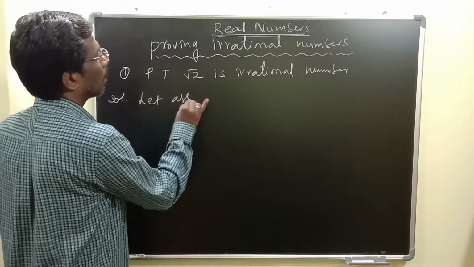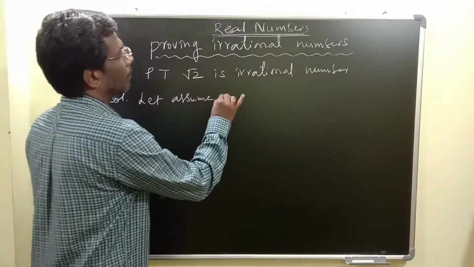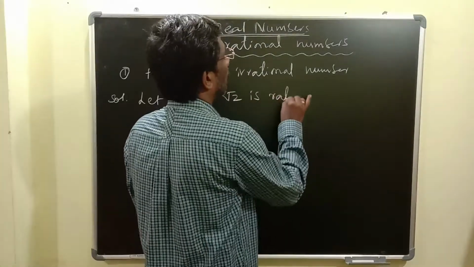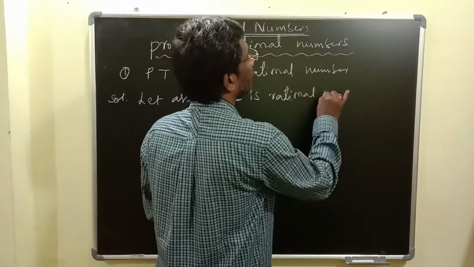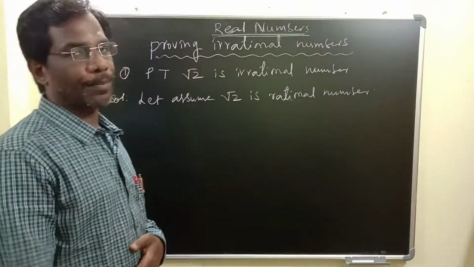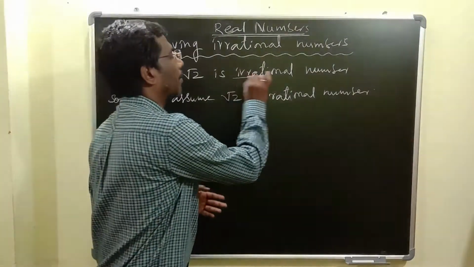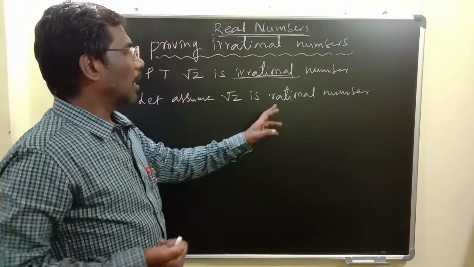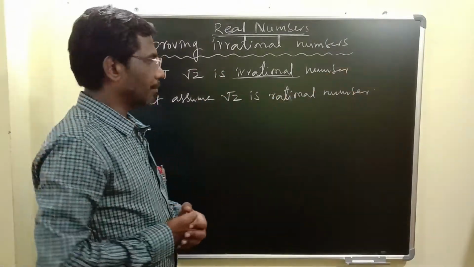Let us assume root 2 is a rational number. Actually we have to prove root 2 is an irrational number, but we are taking the contradiction as a rational number.